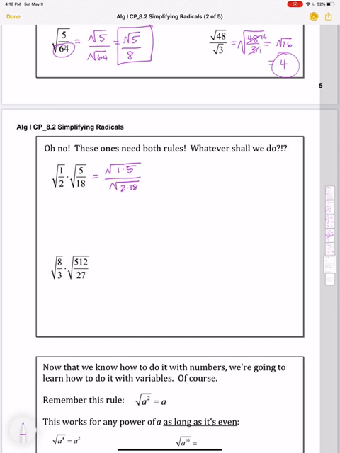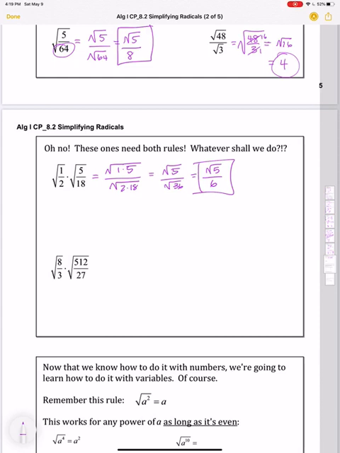So I can make it so that the numerators are being multiplied and the denominators are being multiplied, just like I would any other time I had numbers in fractions. So I can make this the square root of 5 over the square root of 36. Oh, I know that. The square root of 5 is 5, and the square root of 36 is 6. And that is our final answer.